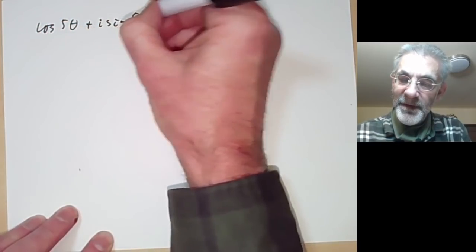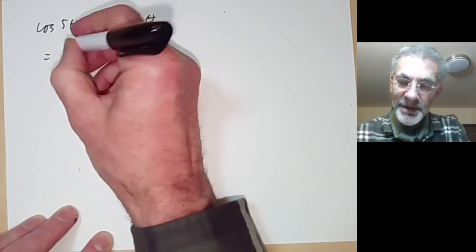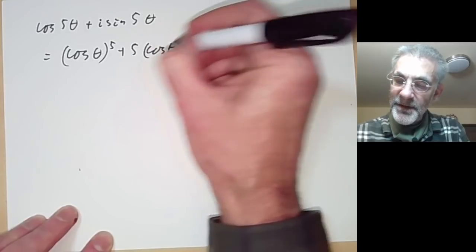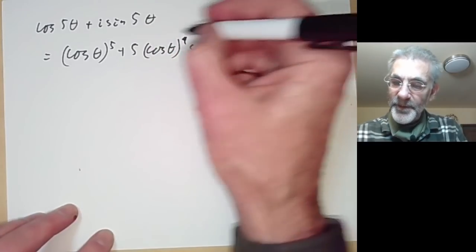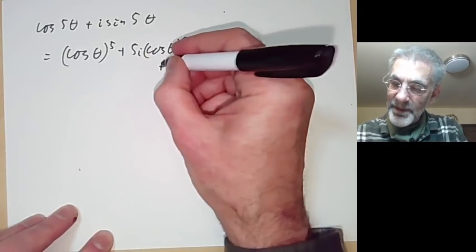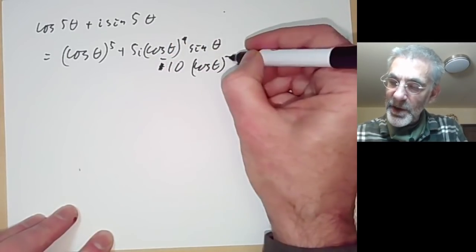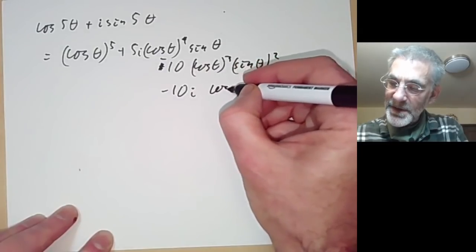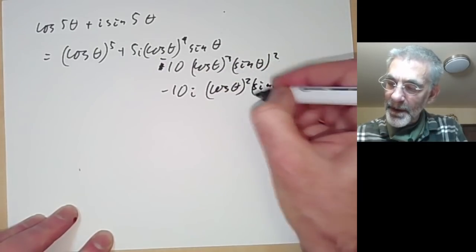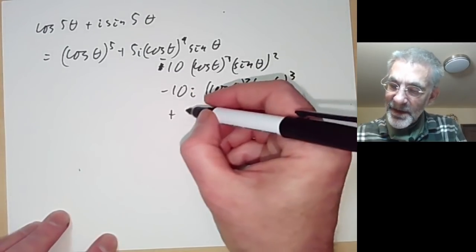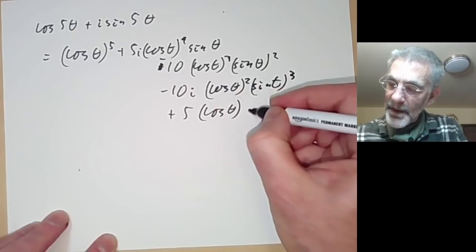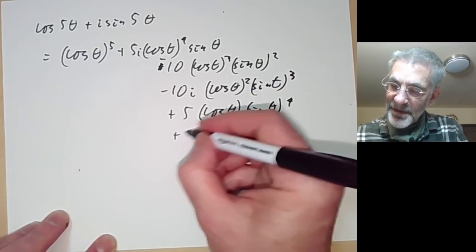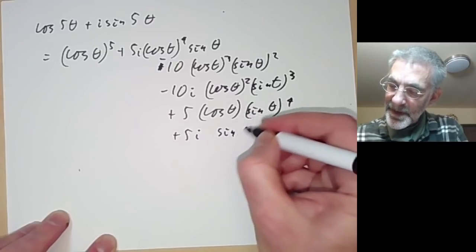So I'll just do this for n equals 5 as an explicit example. So we have cosine of 5 theta plus i sine of 5 theta is then equal to cosine theta to the 5 plus 5 cosine theta to the 4 times sine theta times i plus 10 minus 10 cosine theta cubed sine theta squared minus 10i times cosine theta squared sine theta cubed plus 5 times cosine theta sine theta to the power of 4 plus 5i times sine theta to the 5.